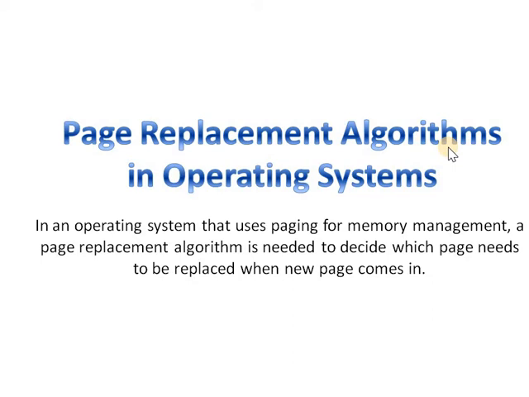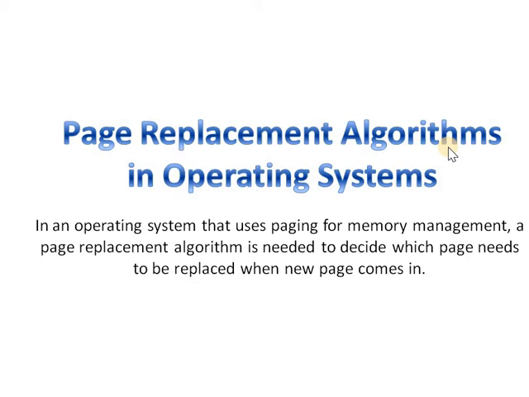In short, the page replacement algorithm decides which page to remove, also called swap out, when a new page needs to be loaded into the main memory. Page replacement happens when a requested page is not present in the main memory and the available space is not sufficient for the allocation of the requested page.